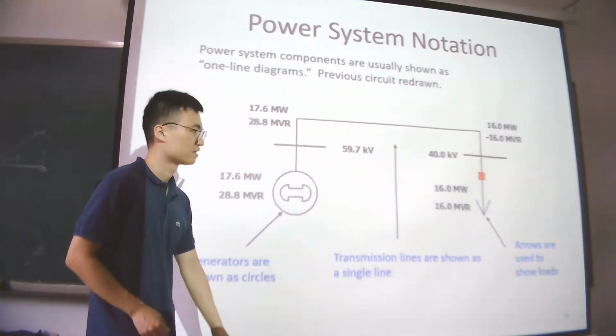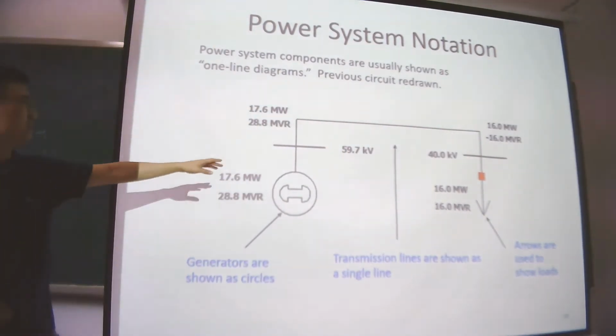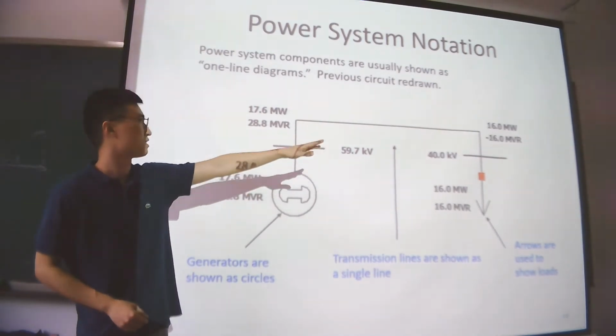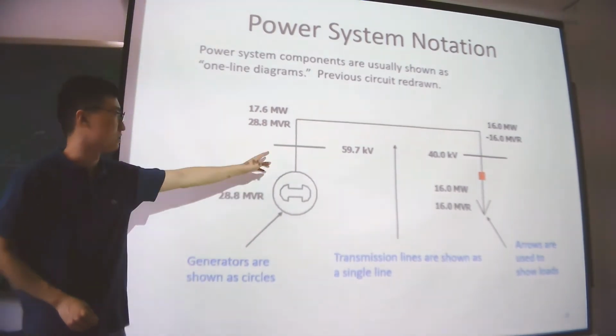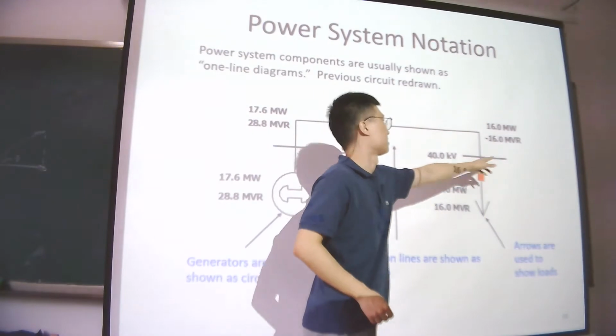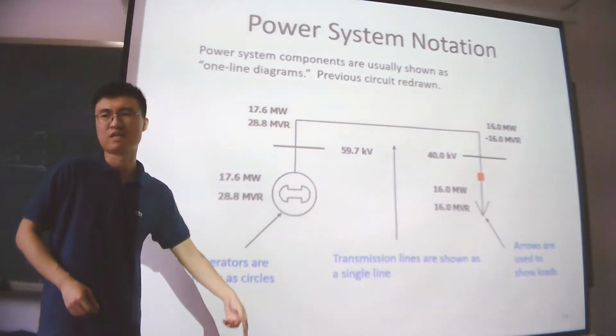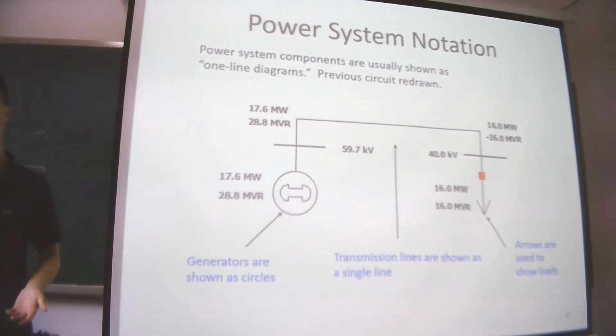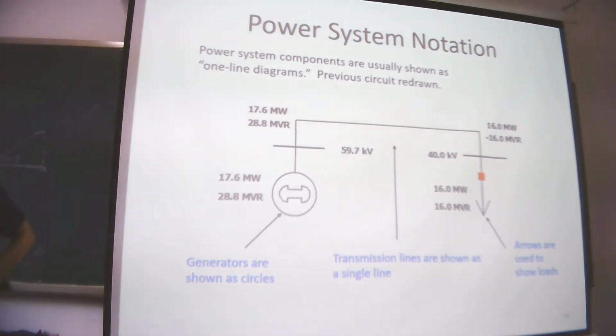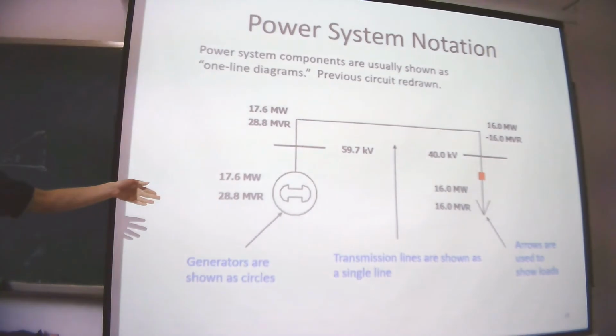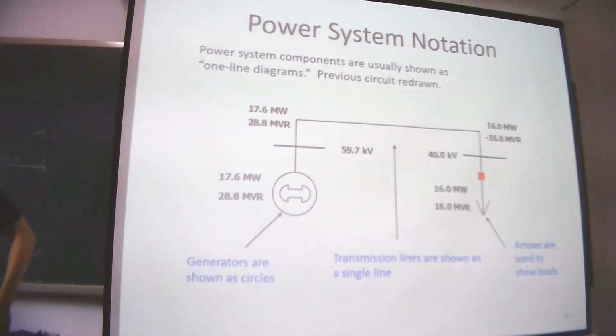This is the bus line, and these are the two devices right here. It shows the voltage levels, going from high to low. This diagram is used in your software, right?